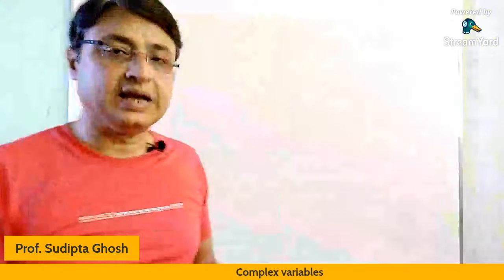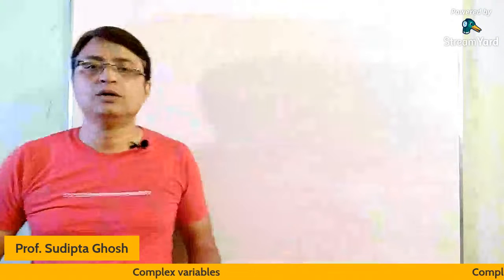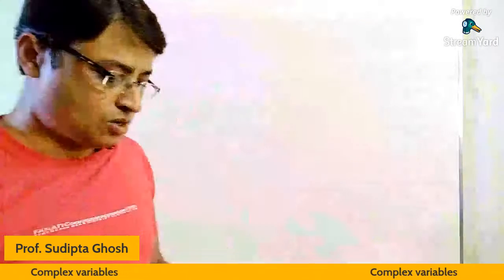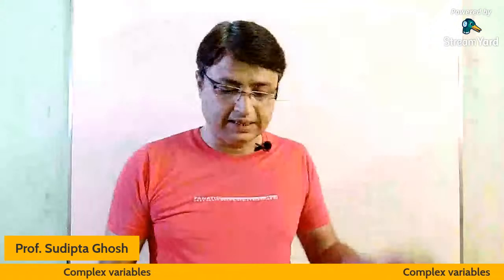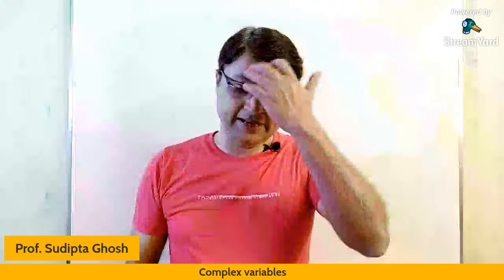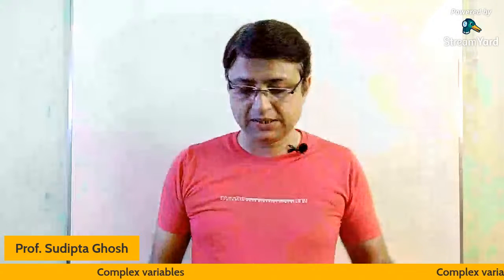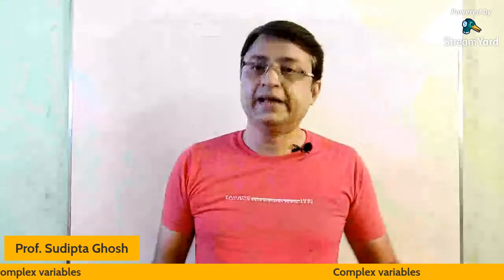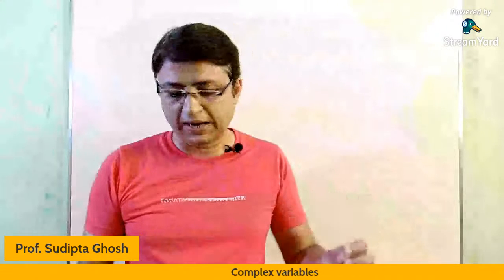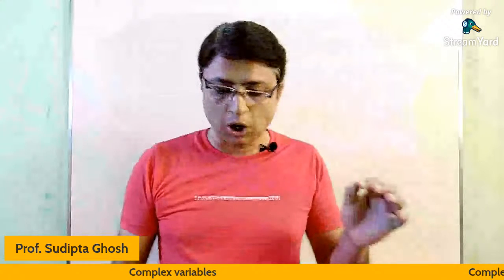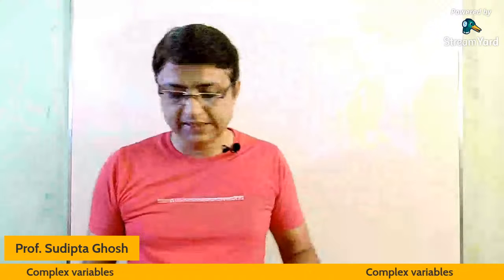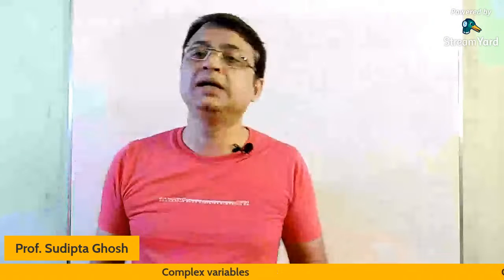The real function u(x,y), which is given as ax plus by, obviously satisfies Laplace's equation. Hence find its complex harmonic function and write f of z.